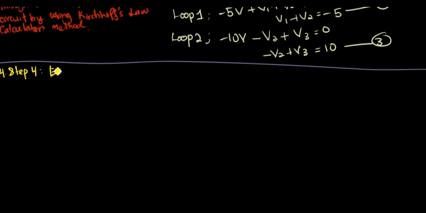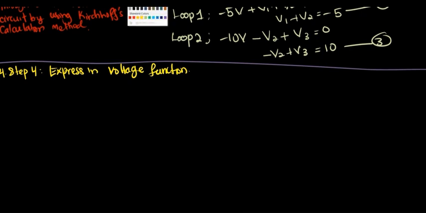Okay, we move to step 4, express in voltage function. As we learned before, voltage function refers to Ohm's law, which is voltage equals IR, current times resistance.